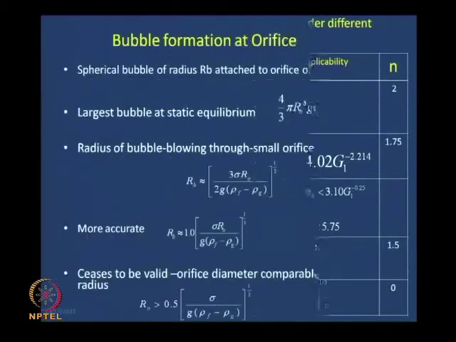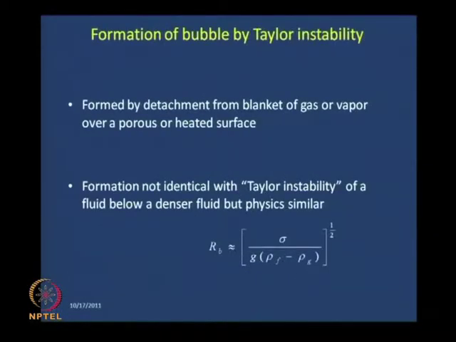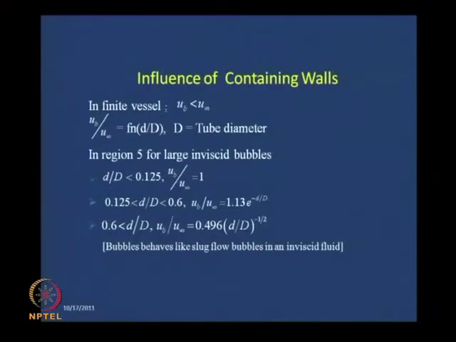Now, at this point I would like to tell you one particular fact. In order to find u infinity, what is u infinity? It is the velocity of a bubble in an infinite medium. But in reality, can you generate an infinite medium? For example, a Taylor bubble will not be formed in an infinite medium. So, we have to perform the experiments in a confined tube.